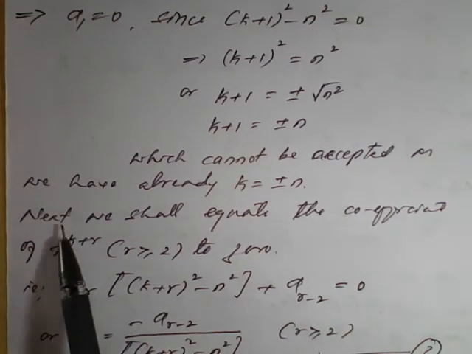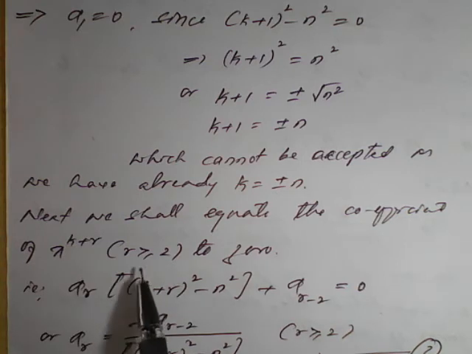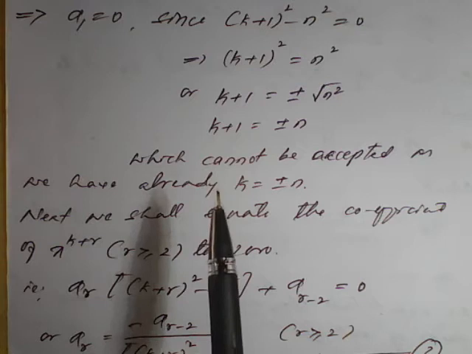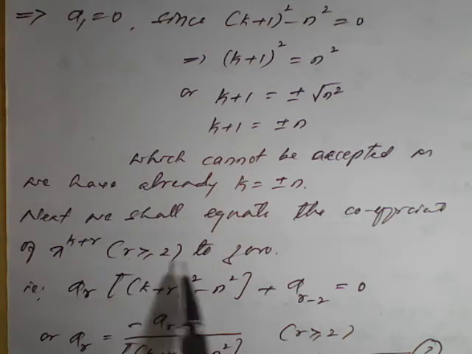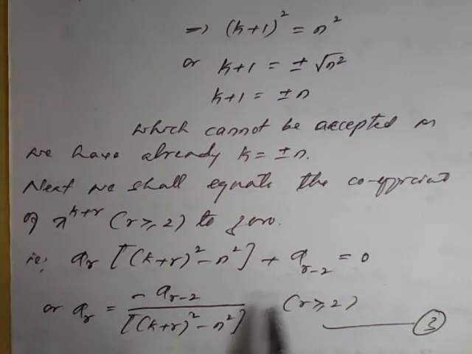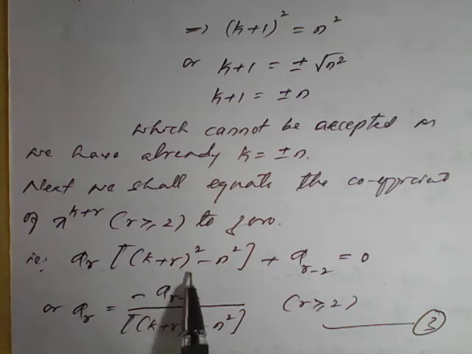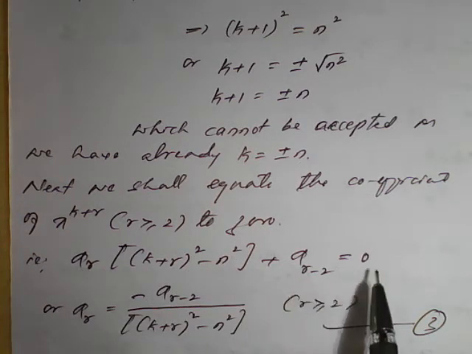Next step. We shall equate the coefficient of x raised to k plus r, where r is greater than or equal to 2, because we have checked for r equal to 0 and r equal to 1. Now we'll go for r greater than or equal to 2. Similarly, if you put the relation, it will become in general ar times ((k plus r) whole square minus n square) plus a of r minus 2 equal to 0.